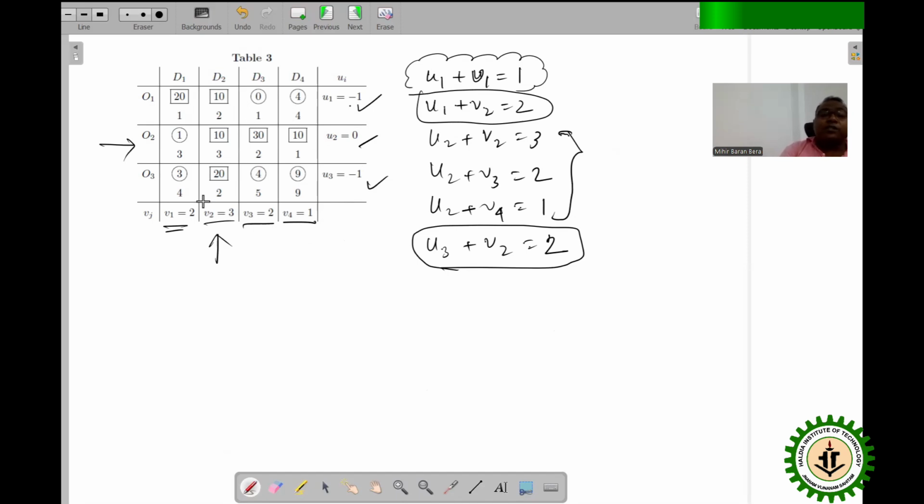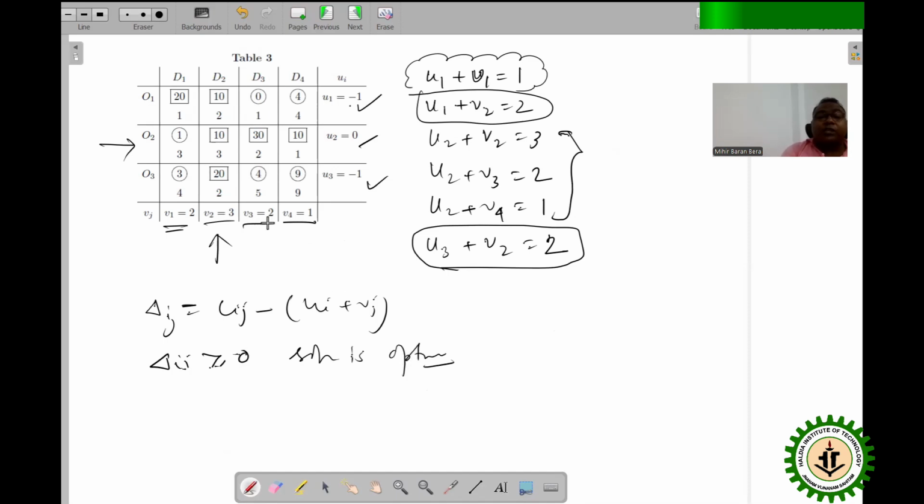And once again, delta ij equals Cij minus (Ui plus Vj), which is called the cell evaluation, is all found in this way, and I have put that value in here. This is 0, this is 4, this is 1, this is 3, this is 4, this is 9. So here also you can see that all delta ij are greater than or equal to 0. So the solution is optimum.